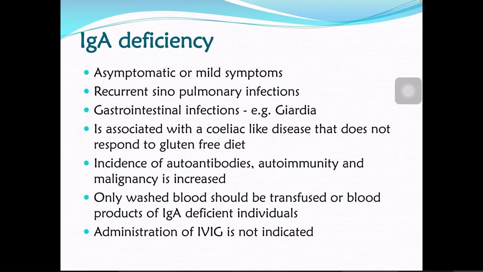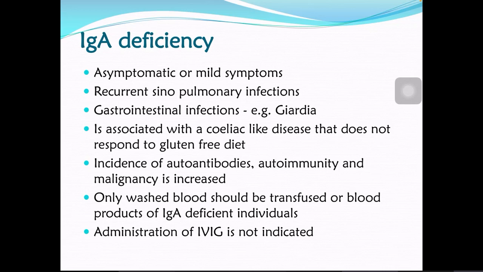So how do they present? Depending on the severity, some of them could be asymptomatic or have mild symptoms. They too tend to have recurrent sinopulmonary infections. They can have GI infections with giardia, and sometimes they can have a disease somewhat similar to celiac disease, but which doesn't respond to a gluten-free diet. And similar to CVID, they too have a higher incidence of autoantibodies, autoimmunity, and the risk of malignancy.